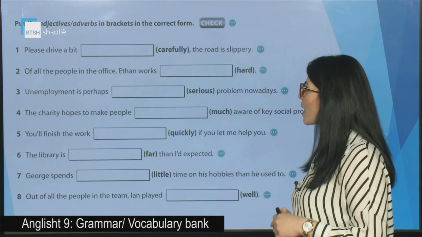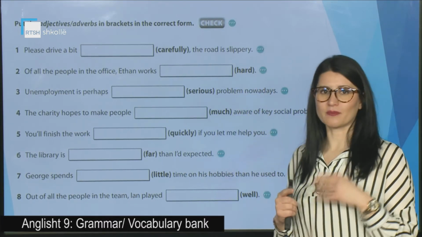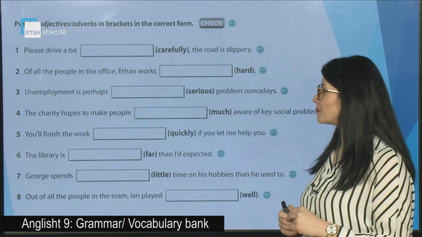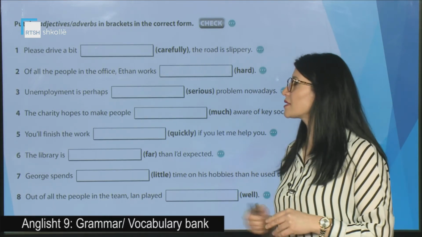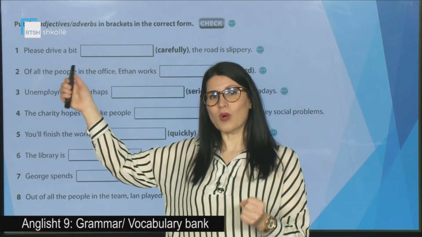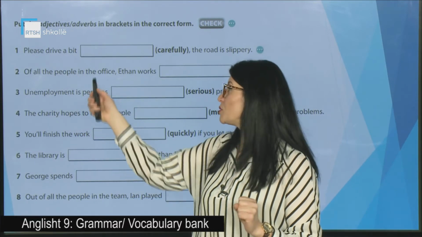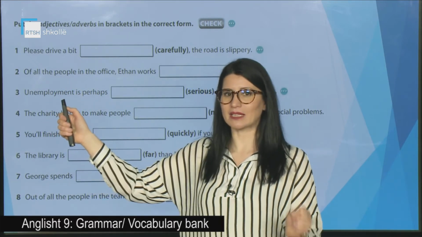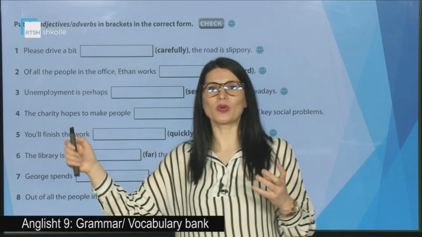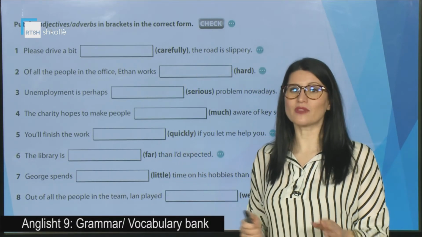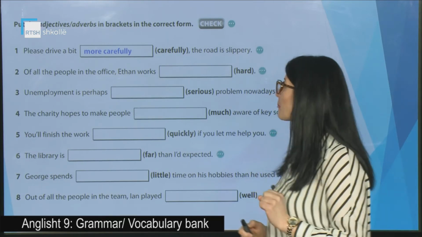So, please drive a bit, and we have the adverb carefully here. The road is slippery. So please, and we have the words a bit. Do you remember? What degree of adjective do we use when we have words such as much, a bit, slightly, a little? Right, we use the comparative form. So we are going to say, please drive a bit more carefully.